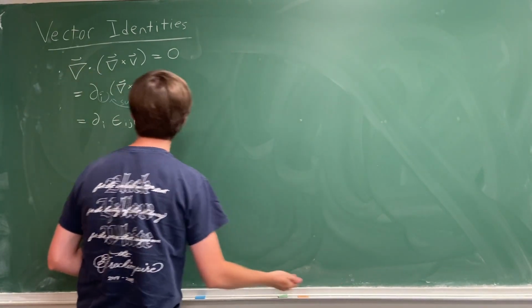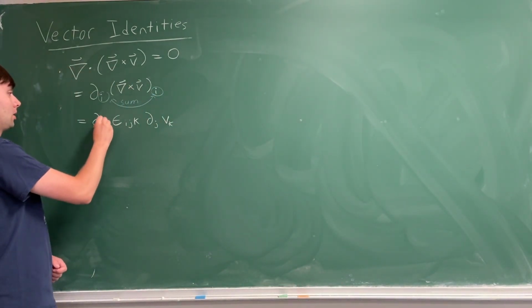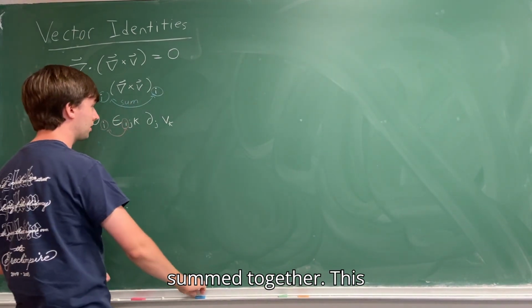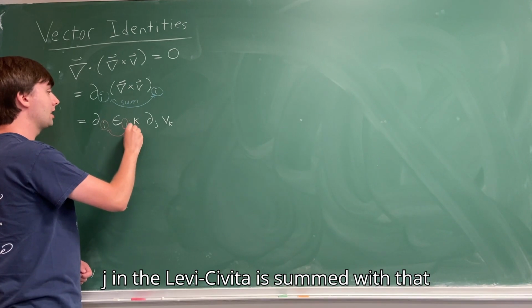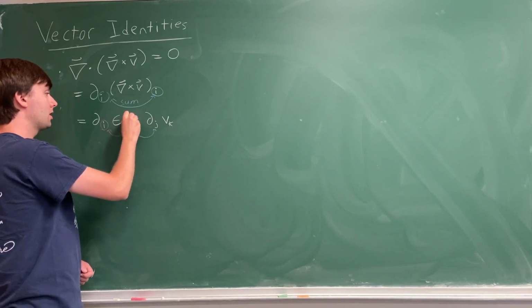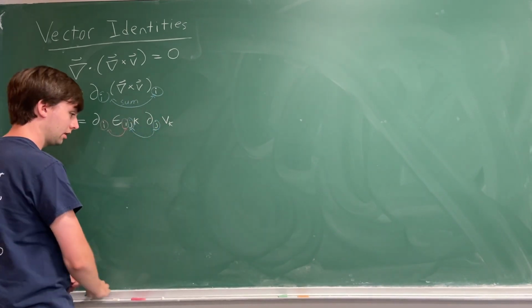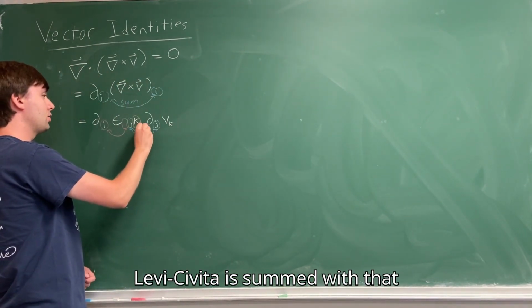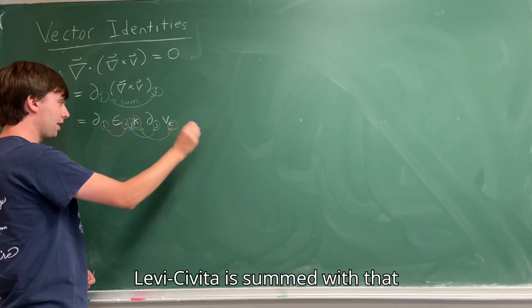So we see that these indices are summed together. This j of the Levi-Civita is summed with that j, and this k in the Levi-Civita is summed with that k.